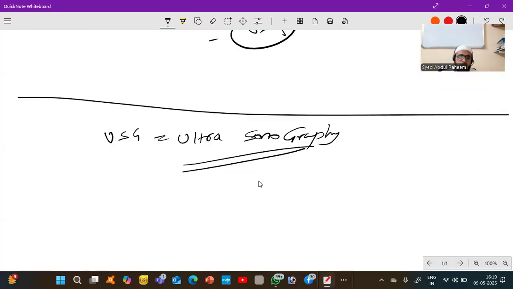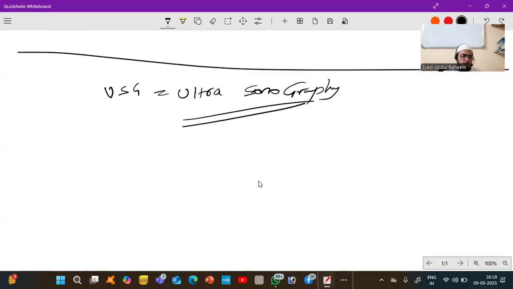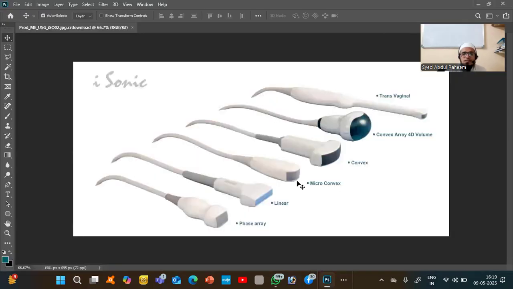So how does the sonography machine work? Very interesting, but I will tell you in a short manner. Basically, here we have different types of probes. The probe will produce some waves. We call this the piezoelectric effect.